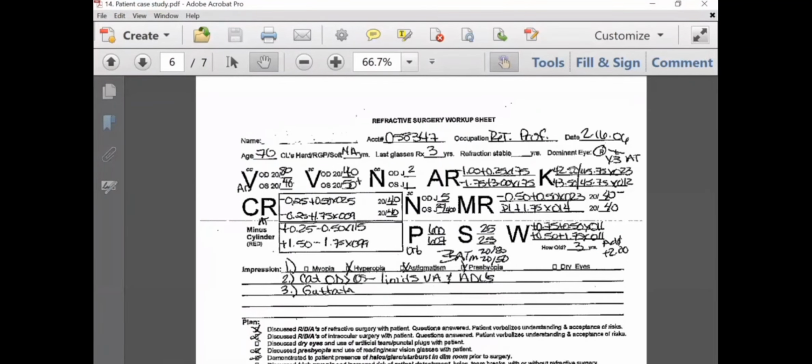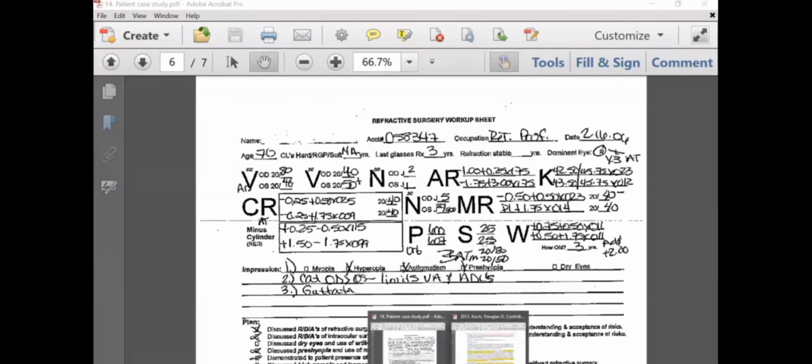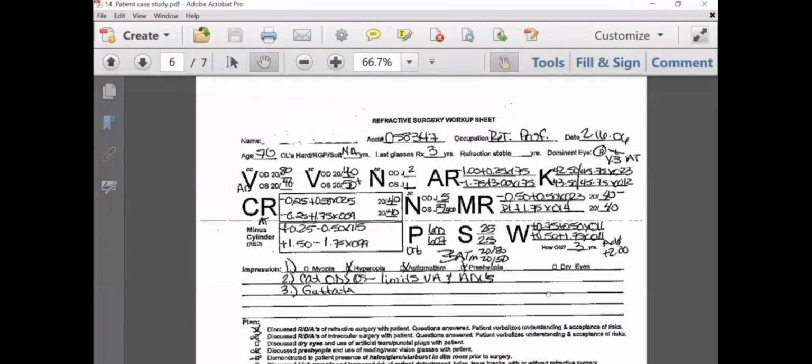So the posterior cornea surface is not represented here, unless you're looking at specialized instruments, for example the IOL Master 700, which has the capability to measure anterior and posterior cornea astigmatism, or other imaging instruments like the Pentacam or the Galilei.